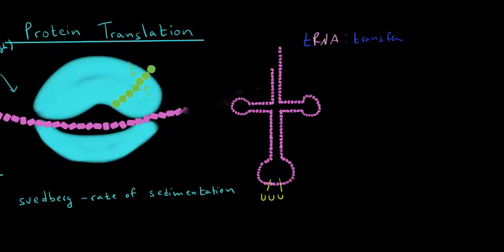And again, remember, we're focusing on this bit right over here. And so the codon that's complementary to UUU is AAA. And AAA codes for the amino acid lysine. And so this particular tRNA molecule is going to carry the amino acid lysine right over here.